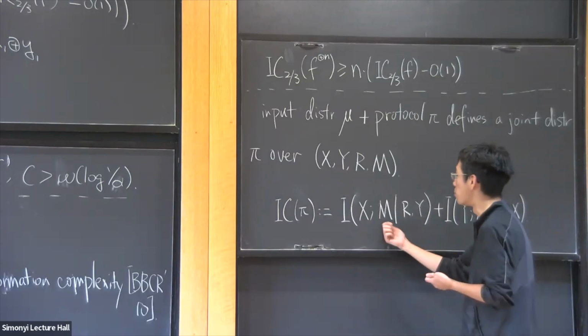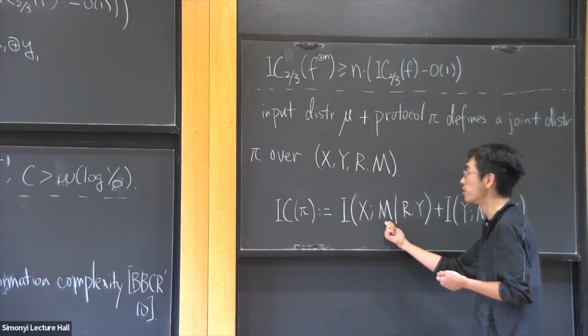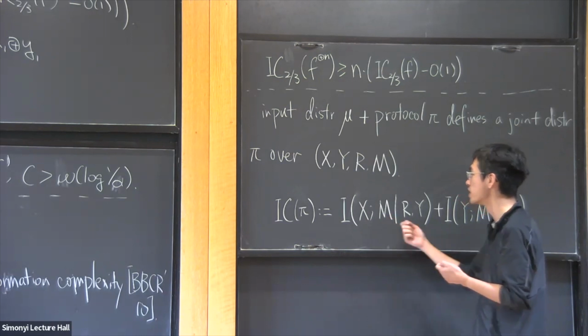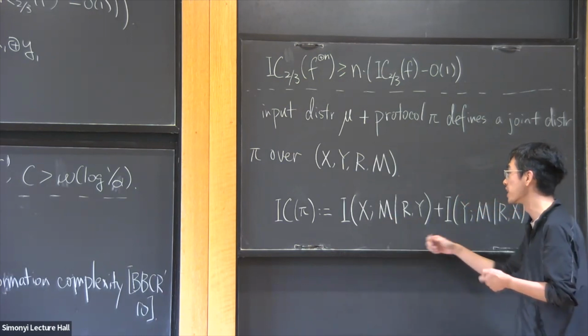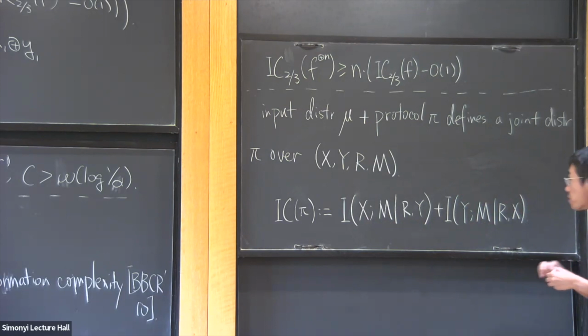So this is how much the communication reveals about Alice's input, given what Bob knows at the beginning, and the other term is the other way around.